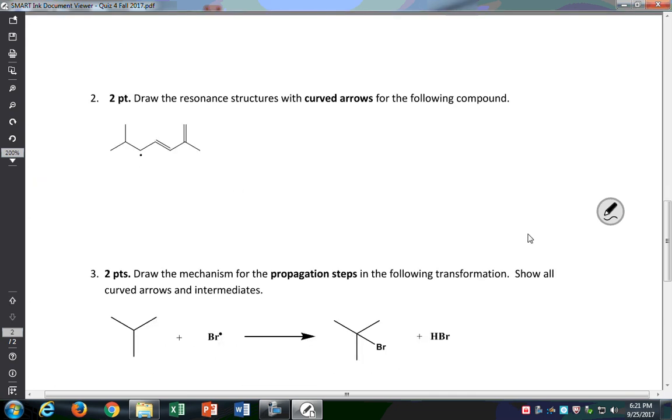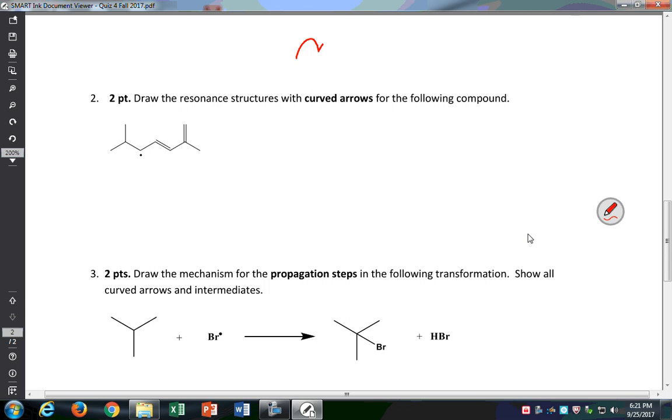As far as resonance, remember, when we're showing arrows for our radicals, we show the fishhook arrows. And the fishhook arrows only show the movement of one electron. So that means that if we have 3 electrons that are participating in resonance, we need to have 3 arrows. Our resonance can only be between carbons that have unhybridized p orbitals. That is this carbon, this carbon, this carbon, this carbon, and this carbon.